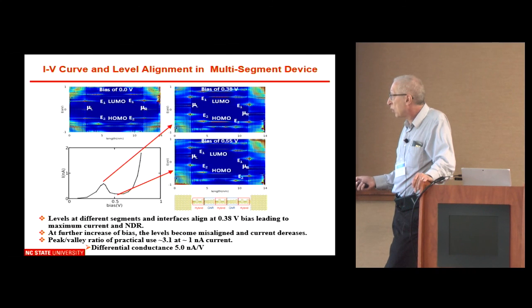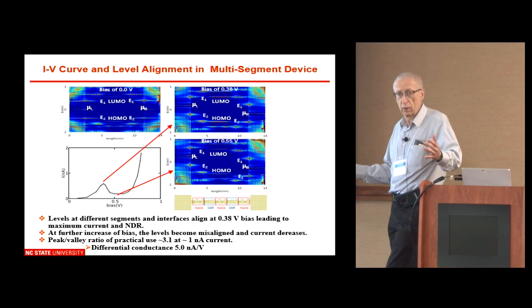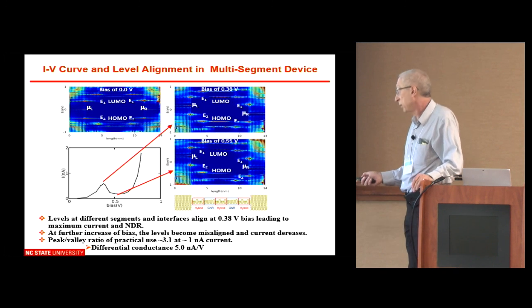Well, it turns out that actually it works quite well. We get pronounced negative differential resistance. We get levels at zero bias, at bias of 0.38, levels aligned. They misaligned at a higher bias, but everything is working well.